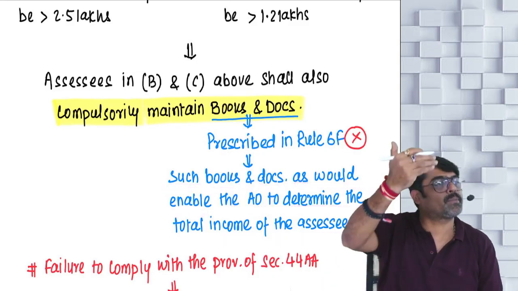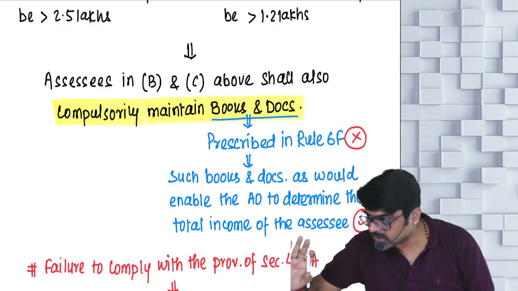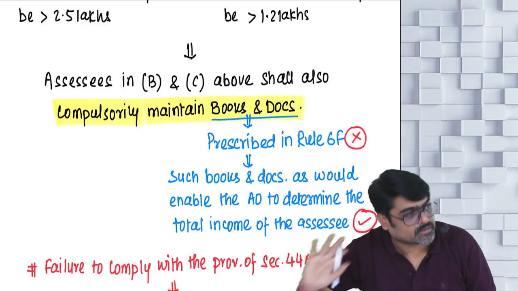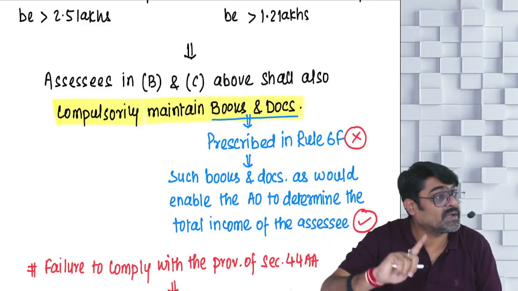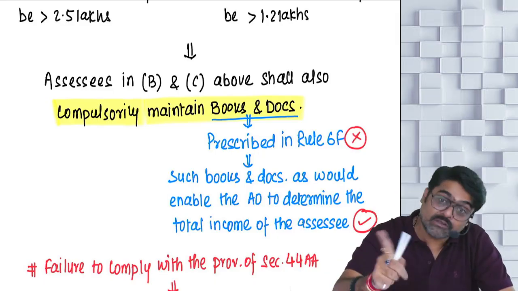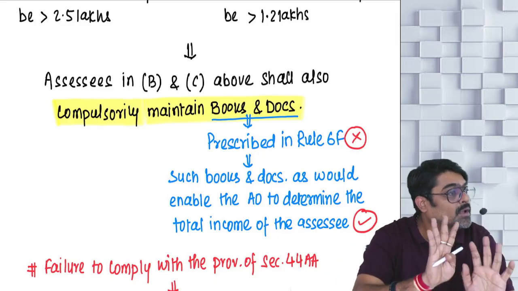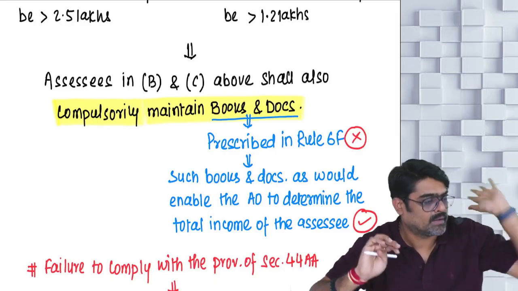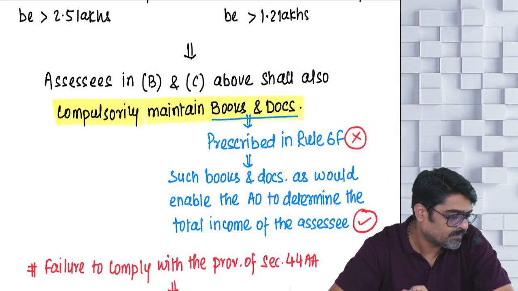So if you are covered in point number B, you are going to maintain this. If you are covered by point number C, you are going to maintain this. No need to maintain the prescribed books and documents. That you maintain Rule 6F books and documents, you maintain only if you are covered by point number A, point number 1. Yes or no, sir?